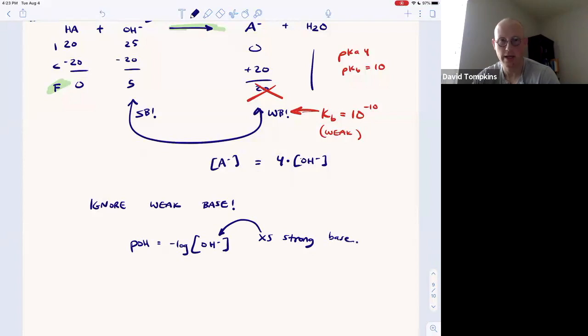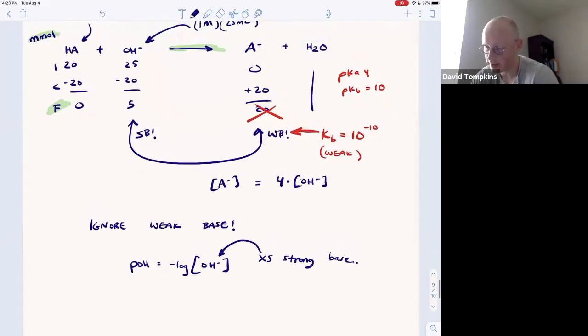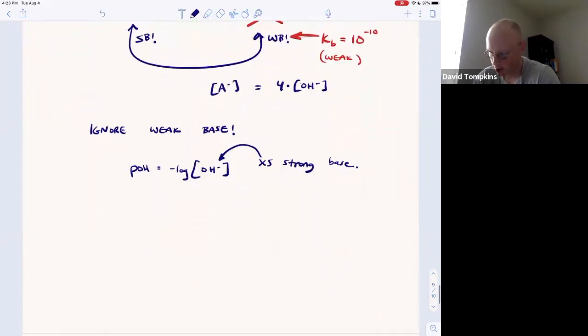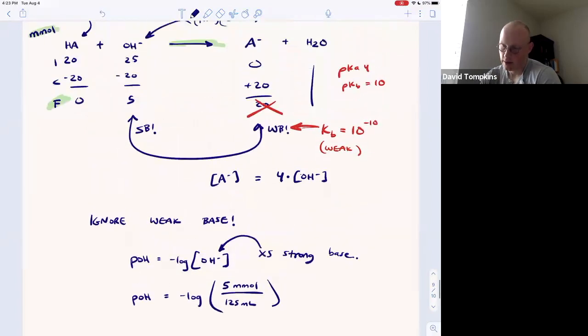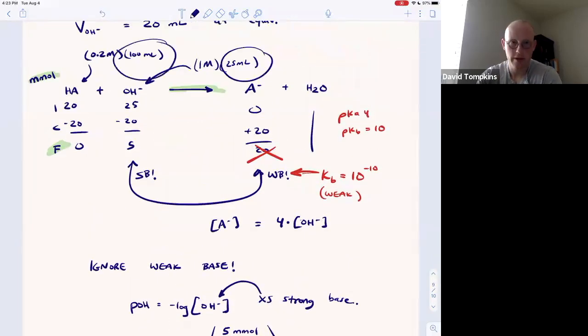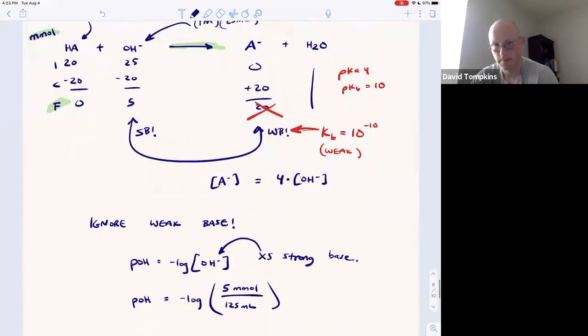It's much higher than any molarity of hydroxide that's coming from this Kb expression. Or in other words, the pOH will be the negative log of the millimoles of hydroxide, which was 5, over the volume, which is 125, because at this point we've added 25 together with 100 from the initial solution.